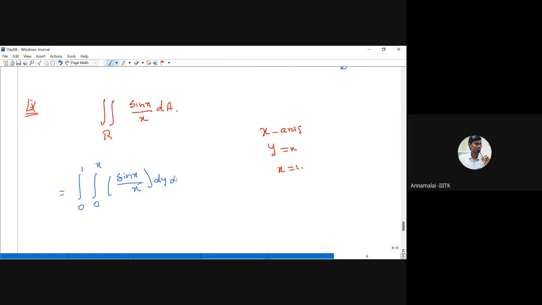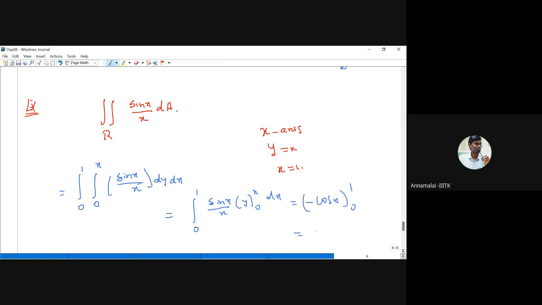dy dx. Since sin x by x we treat as a constant, the integration of dy is y. So we get sin x by x times y, from 0 to x, dx. If we substitute, the x cancels and we get sin x. The integration of sin x is minus cos x, from 0 to 1.